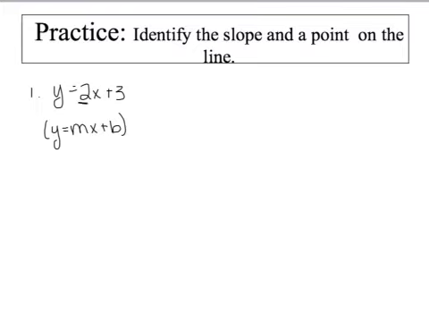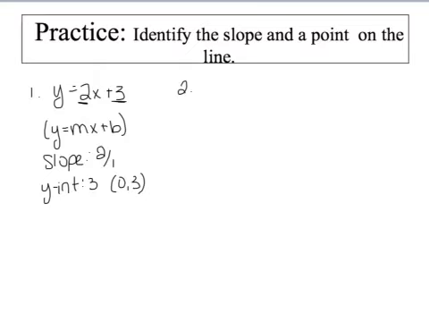So 2 is a coefficient of x, which means 2 is my slope. And you can either write that as 2 or 2 over 1, because slope is really a rate. I go up 2 and I run 1. Then the 3 is my b value. It's my y-intercept. So you need to be able to write that as a point. 0, 3.